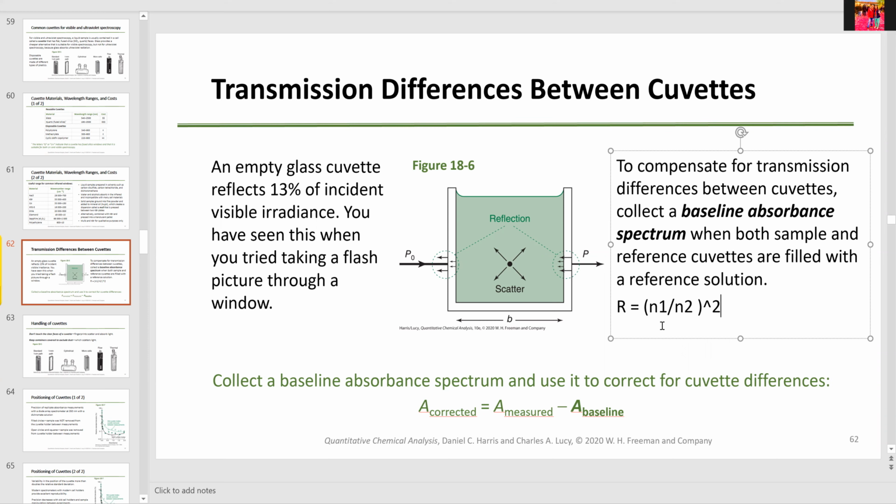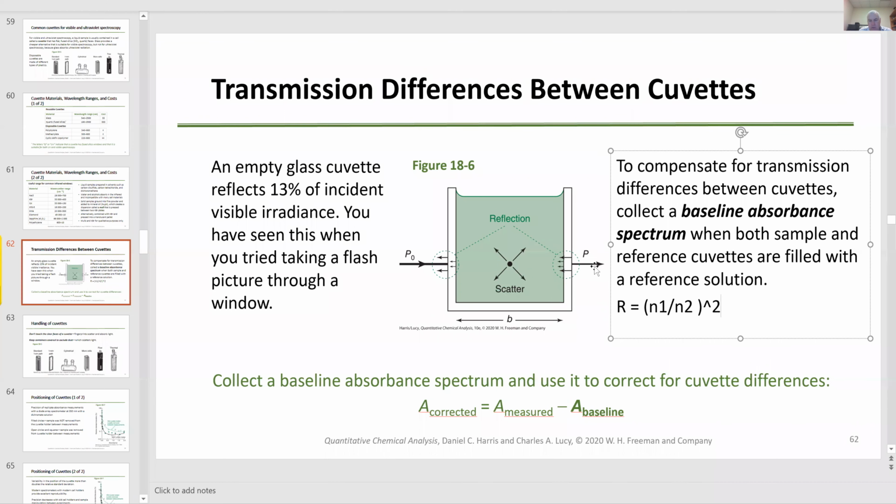Or indices of refraction? Yes, it's the index of refraction of, for example, air and glass. That'd be this first reflection here, right? And then glass and solution, and then solution and glass, and then glass and air, right?